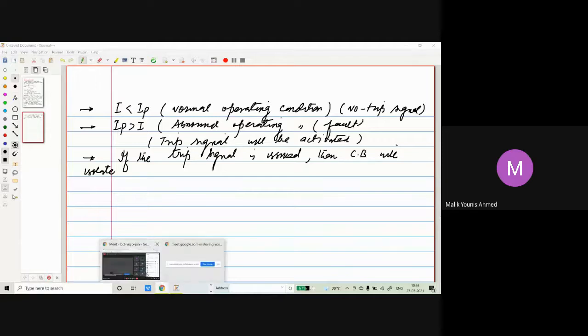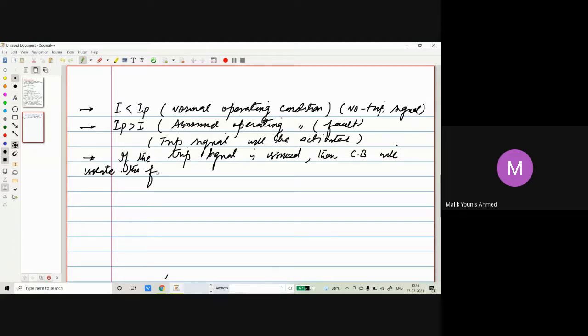If the trip signal is issued, because abnormal conditions are there, then the circuit breaker will isolate the faulty section of the power system. Okay. Now, selection of relay ratings, that's again what we'll be talking about here.